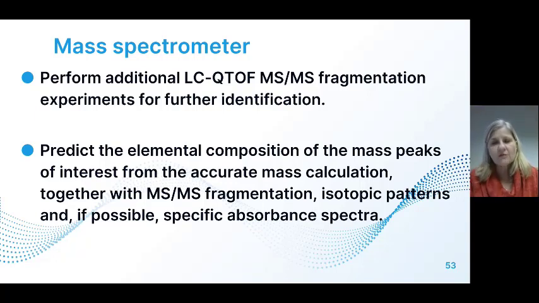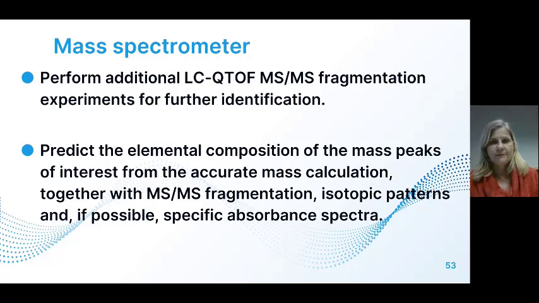Then we would put that through another MS separation, where we have a harder ionization, and there you would have your fragmentation pattern, and then you can use your fragmentation pattern to identify the compound. It's much more difficult to use LC-MS for identification than GC-MS. With GC-MS, we have a fragmentation pattern, and we have a library to identify the compounds. With LC-MS, you have to have a second step, a second MS, to get a further fragmentation that we can use for identification.